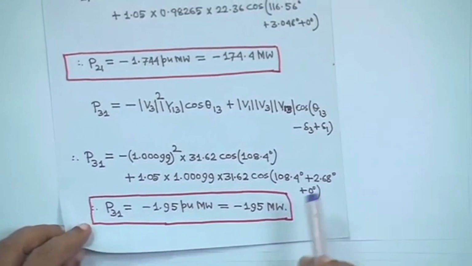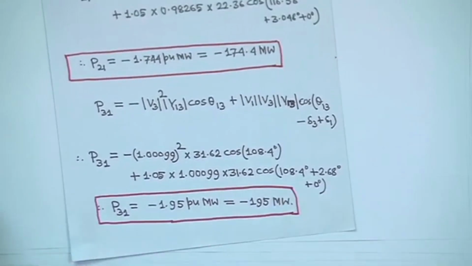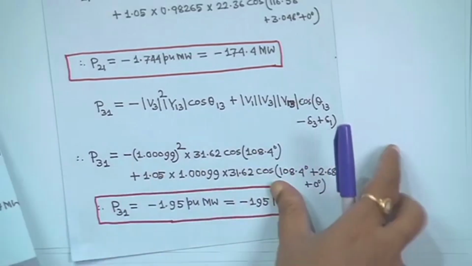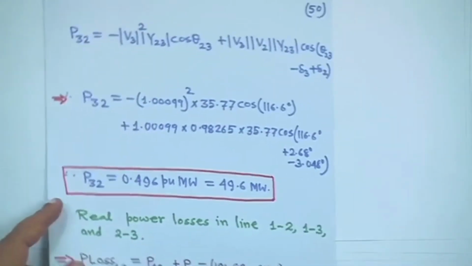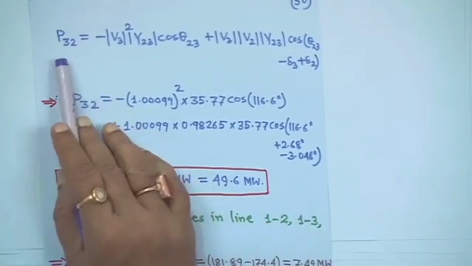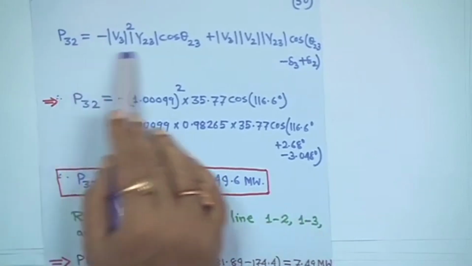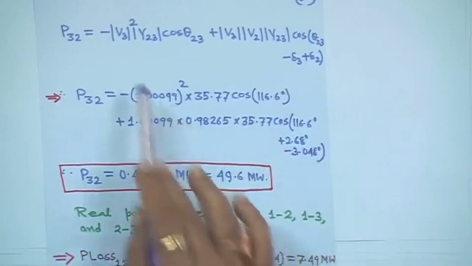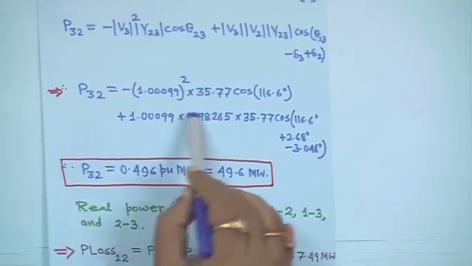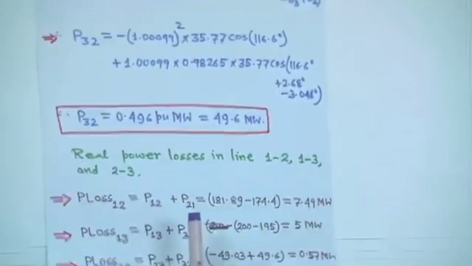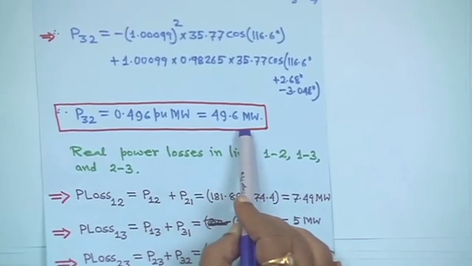Next is P32, same way you can compute, the same equation with k is equal to 3, i is equal to 2. Expand this, put all the values, and you will get P32 is equal to 49.6 megawatt.